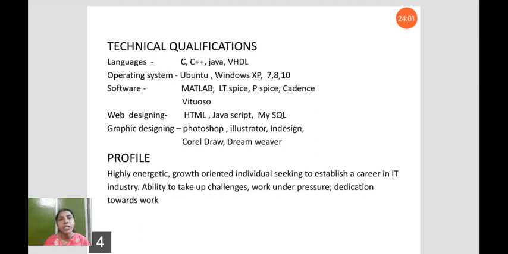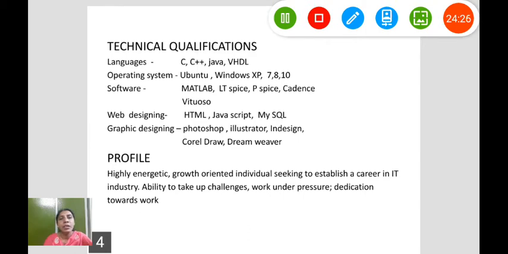This shows that the candidate is dedicated towards work, that means he has interest in that work. So these qualities are essential for candidates, and the employer looks for these kinds of people.